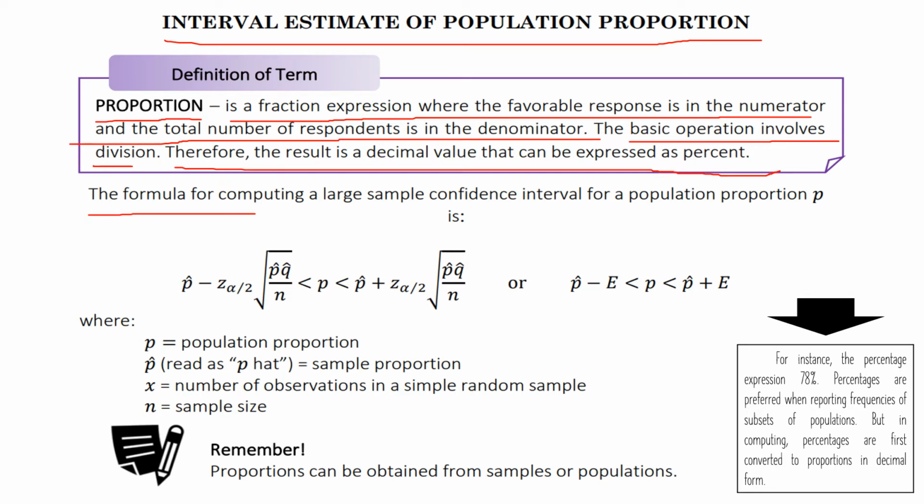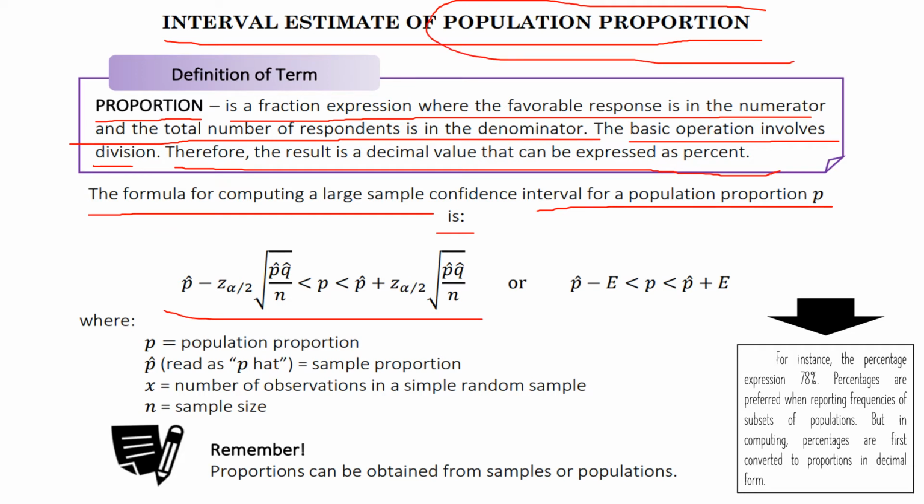So the formula for computing a large sample confidence interval for the population proportion P is this formula. So we're now dealing with the population proportion.